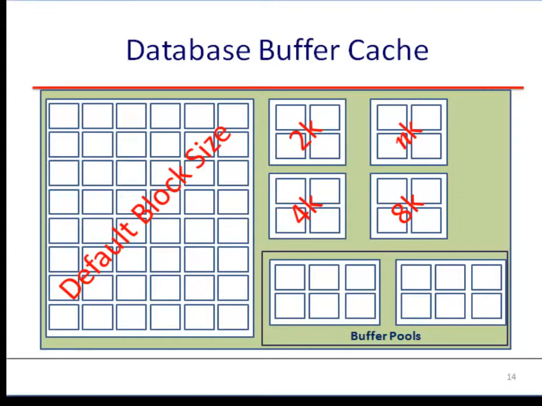Now, sometimes you may know that certain information needs to be available all the time, and you cannot afford to have it swapped between the disk and the memory. In such scenarios, you can leverage the buffer pool feature. There are two types of buffer pools. One is the keep buffer pool, the other one is the recycle buffer pool.